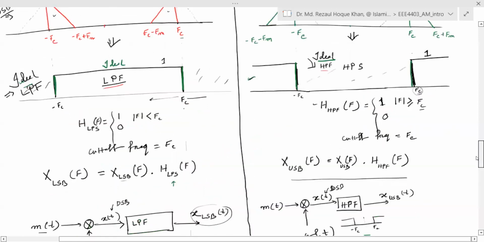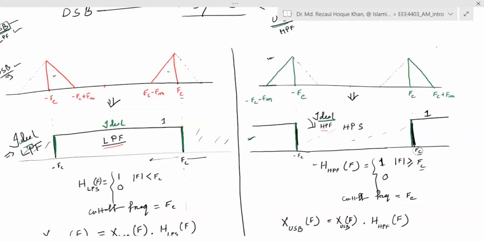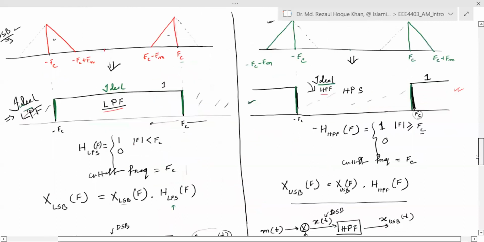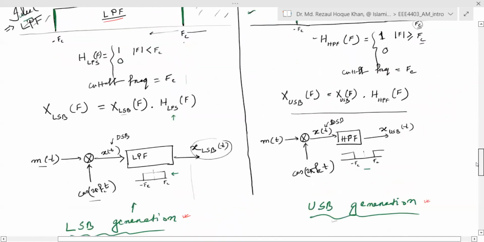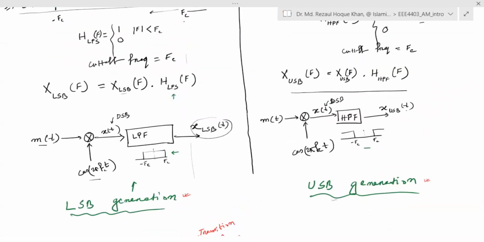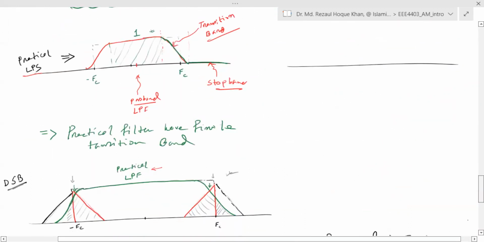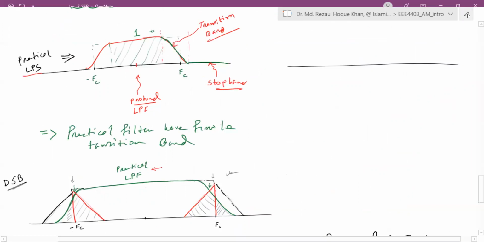We have the double sideband suppressed carrier, then we use a high pass filter. From the high pass filter, only the higher portion of the frequencies will be passed through this mechanism, so you get the upper sideband generation. So let's start from this example, and we'll continue to the vestigial sideband modulation technique.